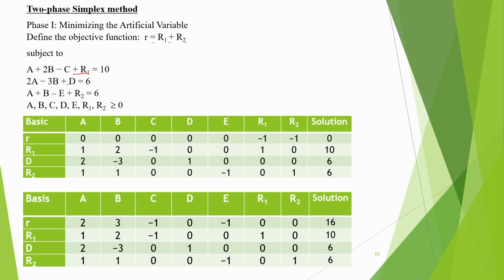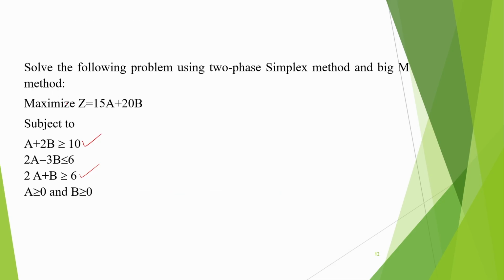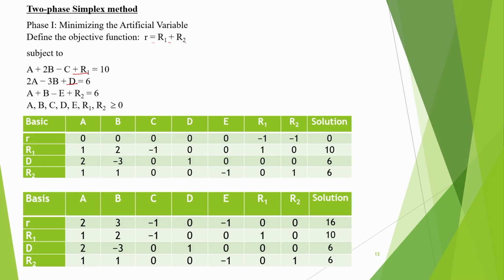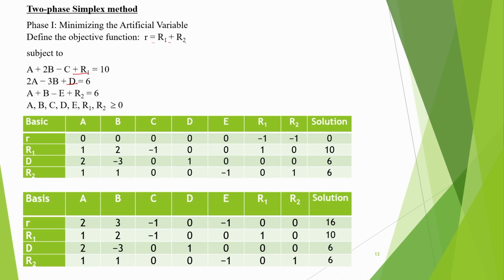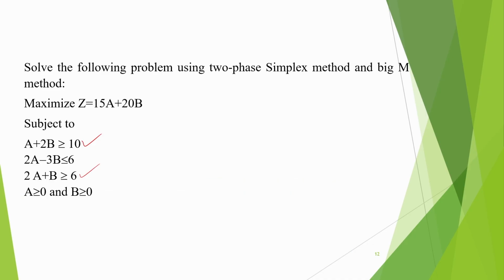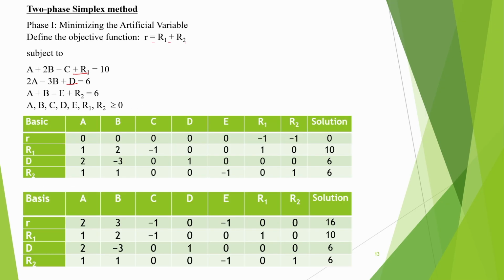So, here is a real slack variable, plus d is equal to 6. The third one was 2a plus b greater than or equal to 6. So, 2a plus b minus e plus R2 is equal to 6, and here a, b, c, d, e, R1 and R2 are greater than or equal to 0.